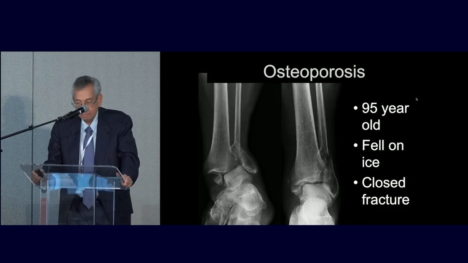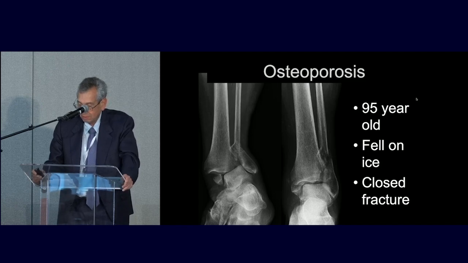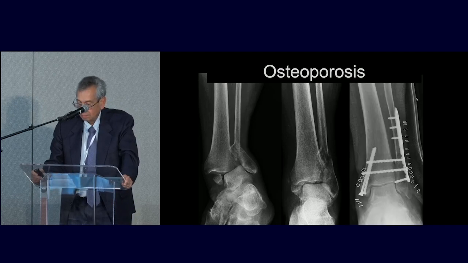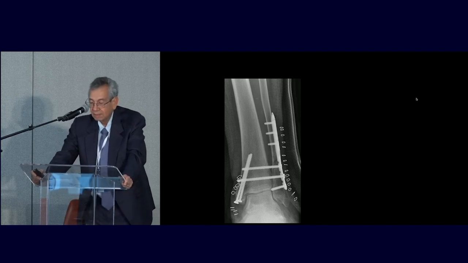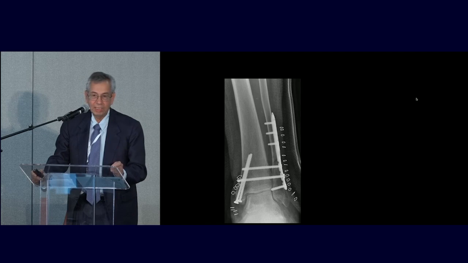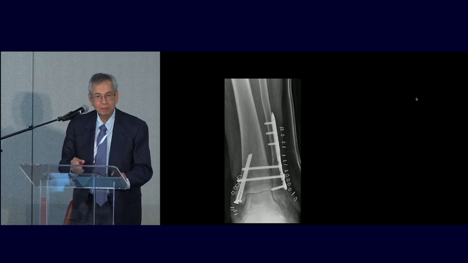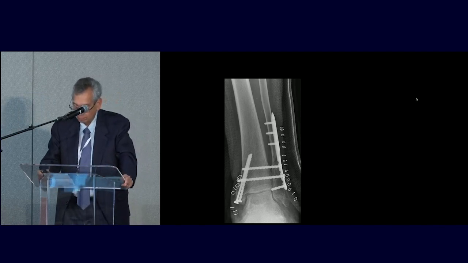This is a case we are going to share with you, with osteoporosis. This is a 95-year-old patient with a closed fracture. He was operated, and this is the operation, always with pain, and the patient had movement at the side of the operation.